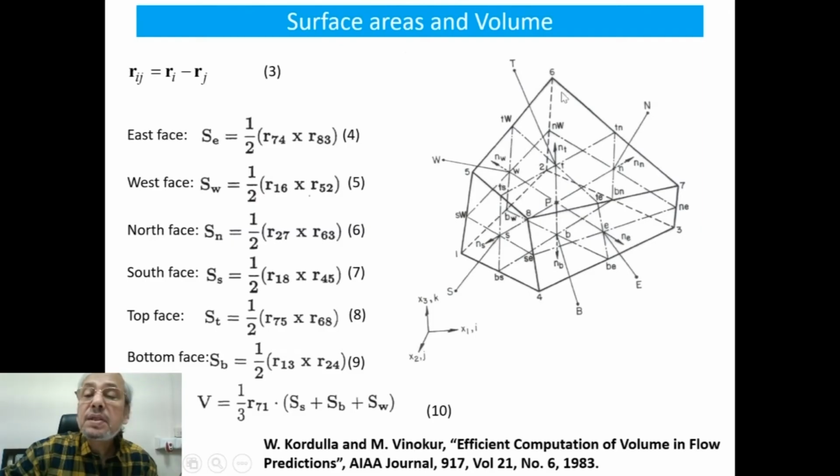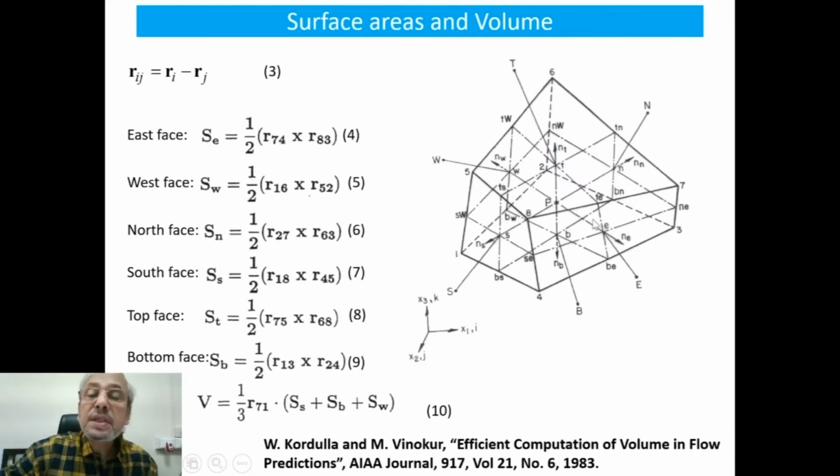The northern face is given by half R27 multiplied by R63. The southern face, surface area is given by half R18 multiplied by R45.